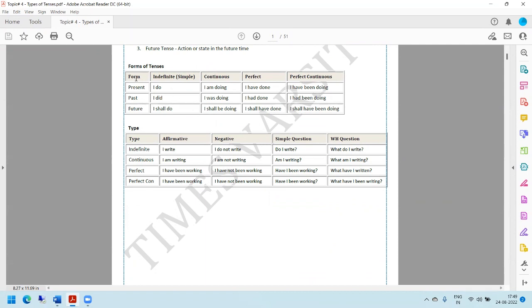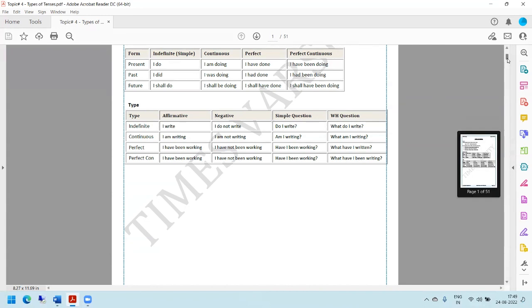So first of all, there are three forms of tenses: present tense, past tense, and future tense. Again, in these we have different forms: indefinite, continuous, perfect, perfect continuous. And again, in these we have different types of sentences like affirmative, negative, simple question, and WH question.